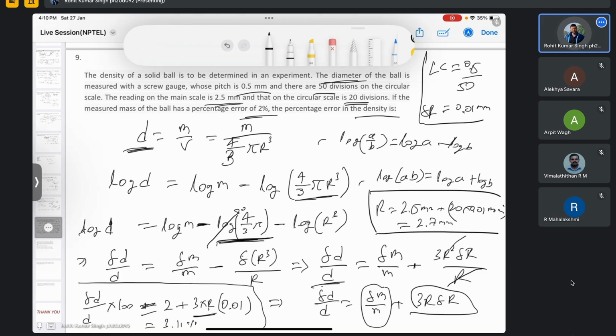You just have to take the log of the formula, and then you have to differentiate it, use the partial differentiation, and you have the value of radius and the error in the radius from the measurement that is given in the problem, right? If anyone has any doubt, they can ask.